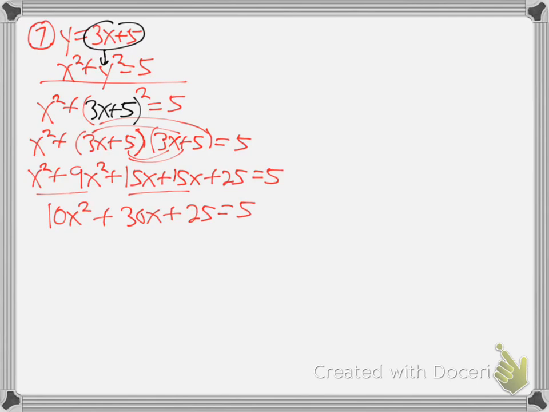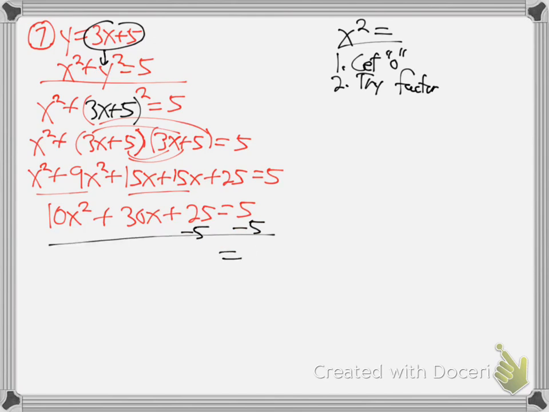Okay, so now what do we do when we have an x squared? When you have an x squared equation with an equal sign, remember the first step? Get a 0. And then step 2, try to factor if you want to factor. So you've got to get a 0. So I'm going to subtract 5 from both sides. That'll get a 0 over here: 10x squared plus 30x plus 20.